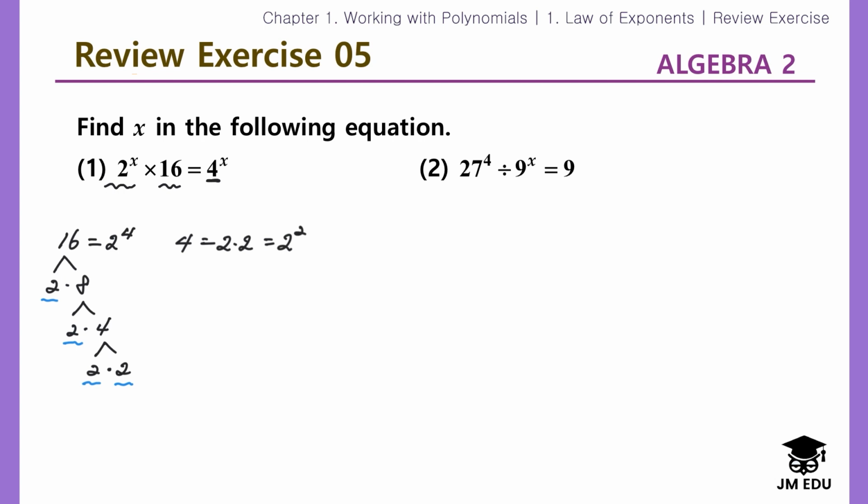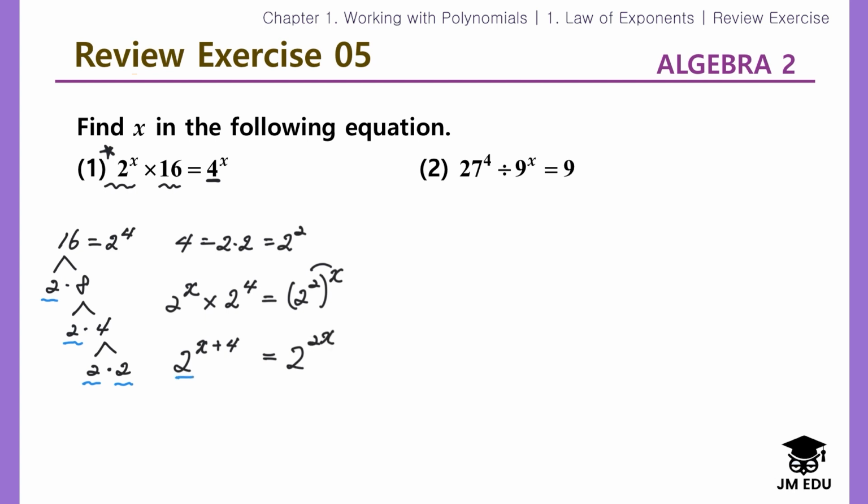So we're going to rewrite number 1 equation down here. We have 2 to the x times 2 to the power of 4 is equal to 4, which is 2 squared, and we have the exponent x, right? So 2 to the x times 2 to the 4 is 2 to the x plus 4, is equal to this times this, that's 2 to the 2x.